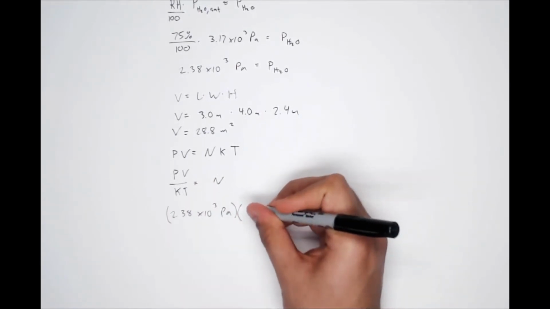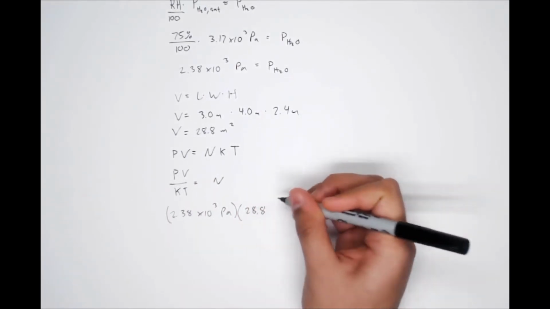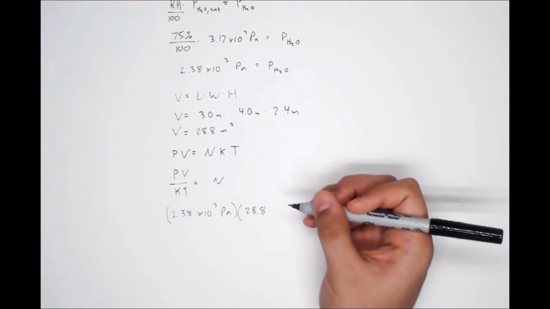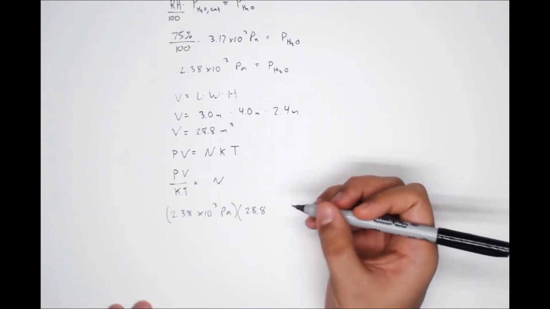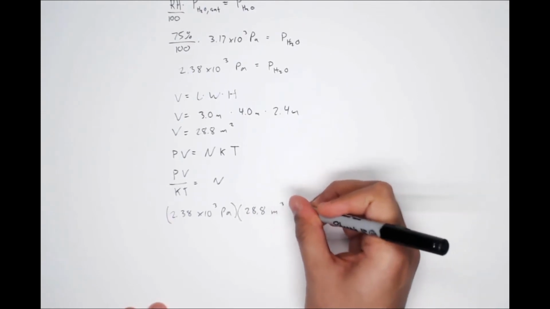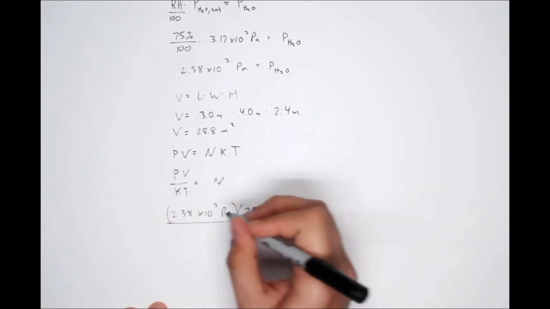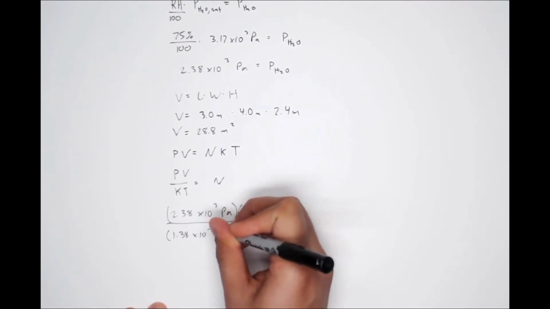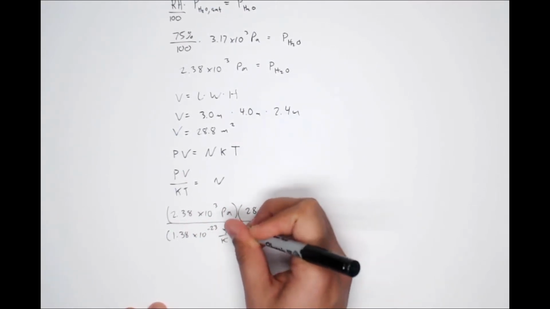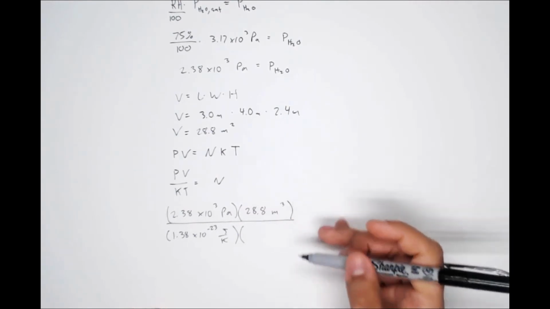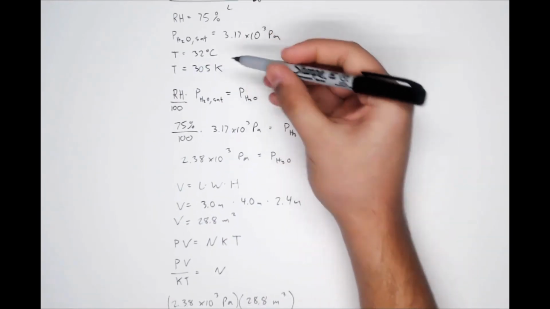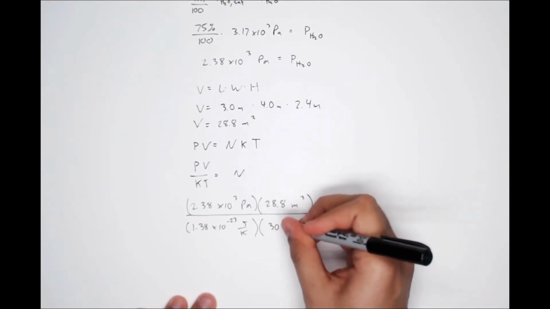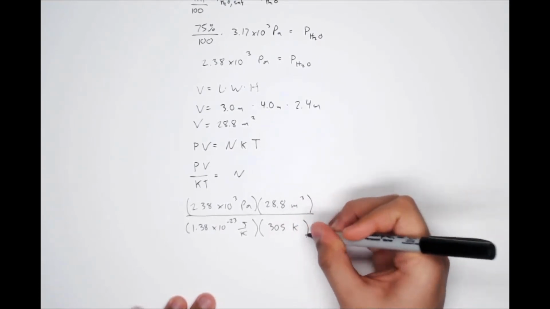The volume is 28.8 cubic meters. We have Boltzmann's constant for k, 1.38 times 10 to the minus 23rd joules per Kelvin. And then the temperature in Kelvin from the top, 305 Kelvin.